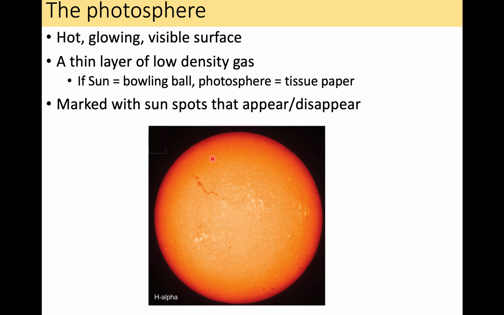So a tissue on top of a bowling ball, that's about how thick this layer is. Very low density gas, very thin. The photosphere has sunspots, which we'll get into a bit later, that appear and disappear throughout the year. They move around on the surface, they appear, they disappear.